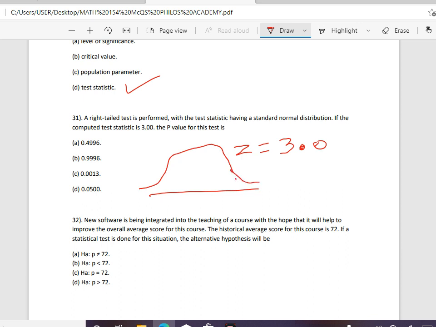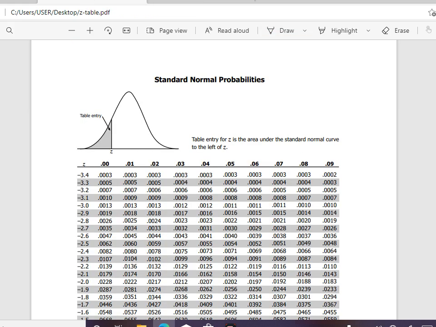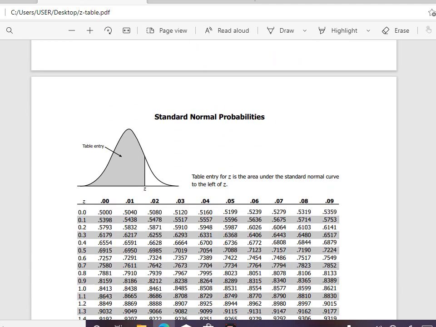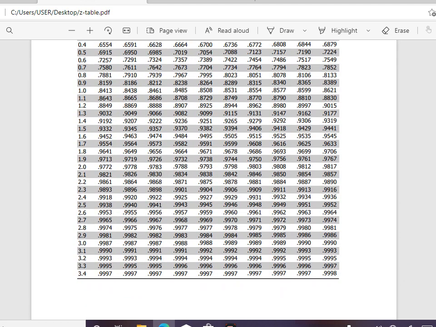Sorry for my bad drawing. Right tail means we should find this side, and you have 3 here. Let's find the area to the left of 3.0.